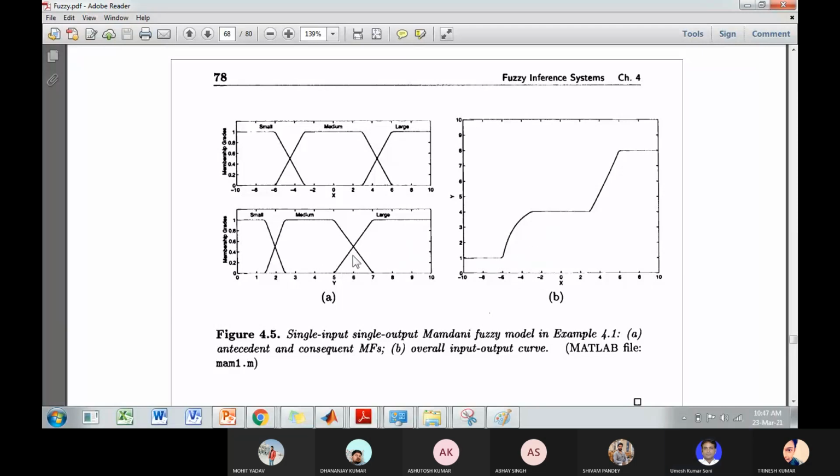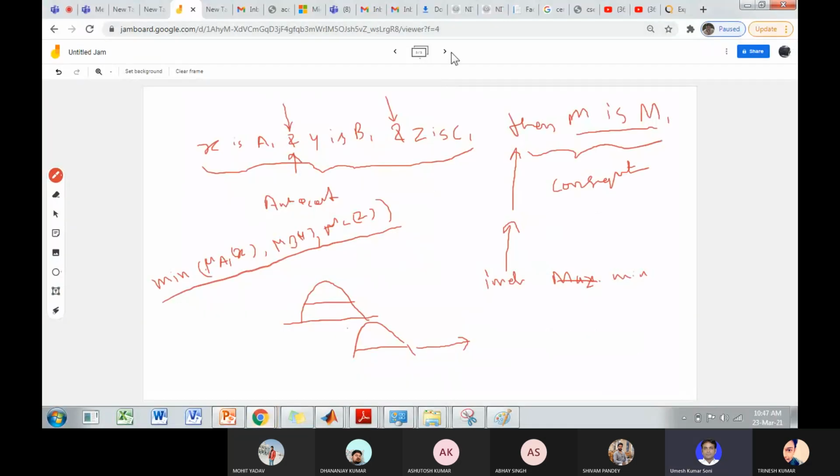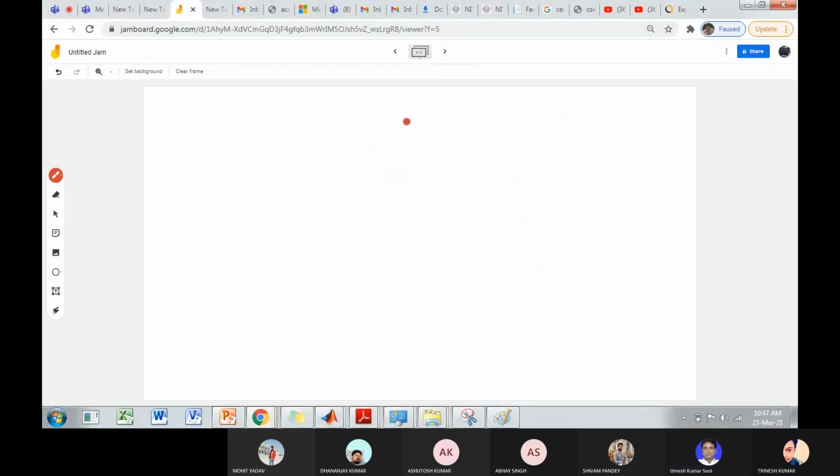Okay, so to obtain the dependency of this input output area, suppose you have 0 to 10 and 0 to 50.